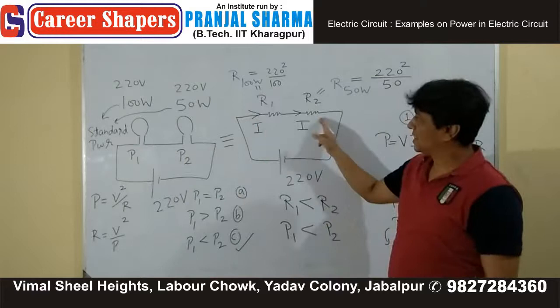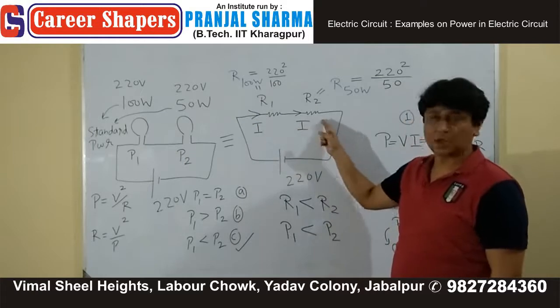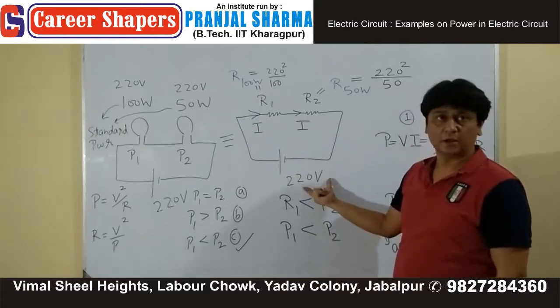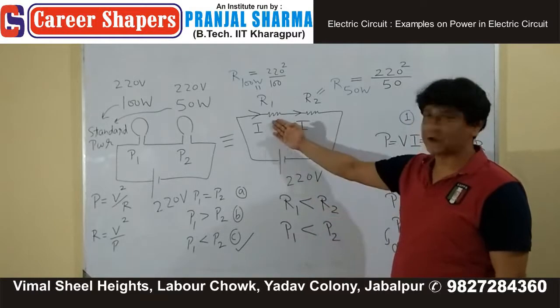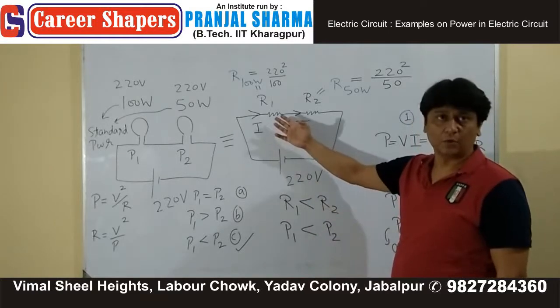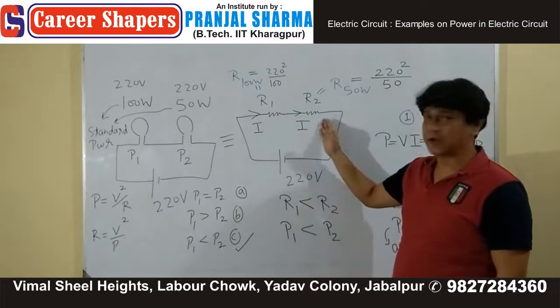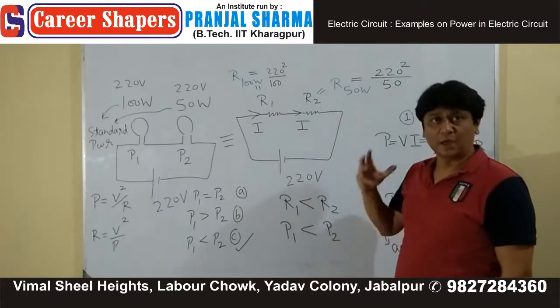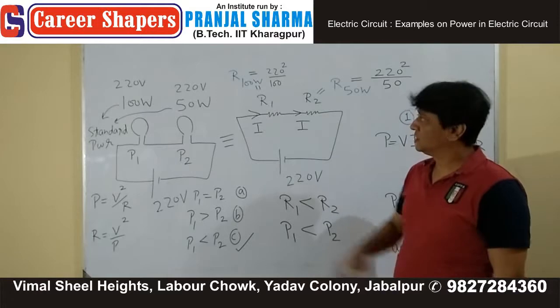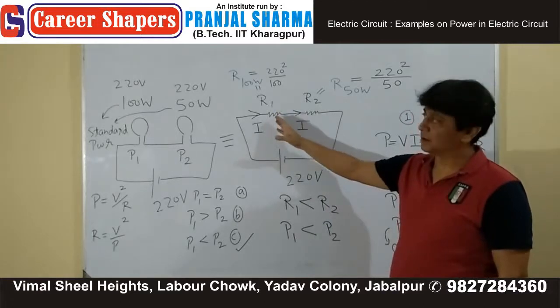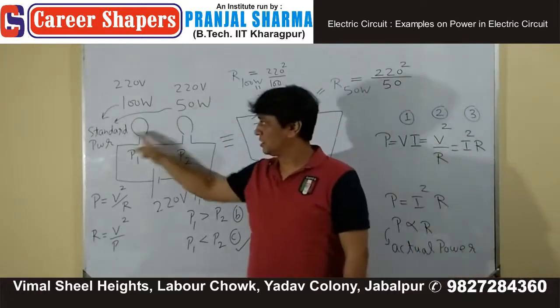There are two resistors in series and you are giving them 220. Do you expect that it will get 220? No. This 220 will be shared by R1 and R2, and that's the reason you do not get these standard powers.